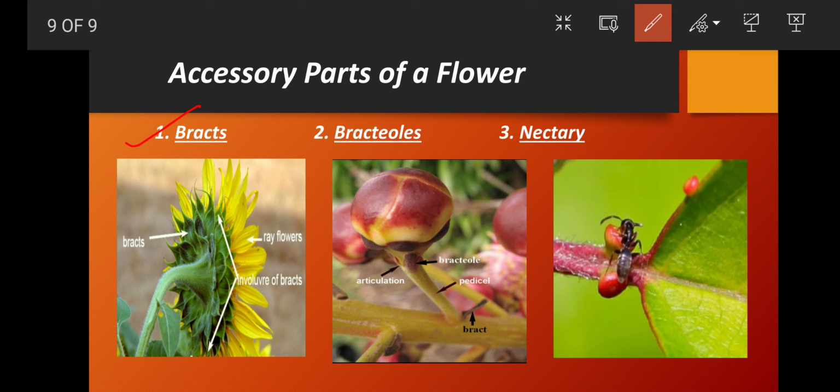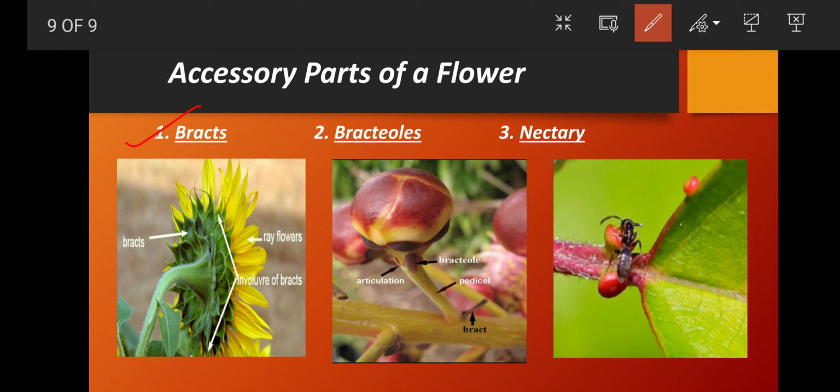For example, the bracts of bougainvillea are variously colored and look like petals of a flower. In sunflower, the bracts are scale-like. You must have seen the maize cob also, which develops in several green, membranous sheaths. These are the bracts in the maize plant.